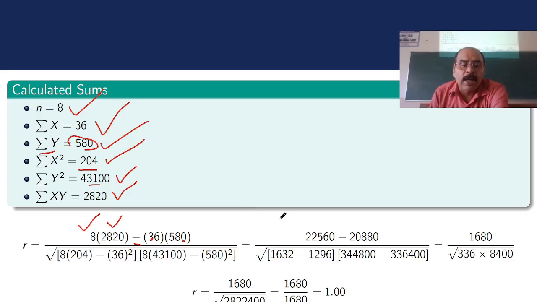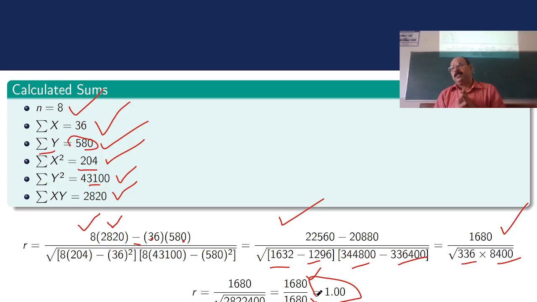If you compute that, you will get 22,560 minus 2880, divided by square root of 1632 minus 1296 into this one. So you get 1680 divided by root of 336 into 8,400. Then what we do? We get it as 1680 by 1680, which is 1.